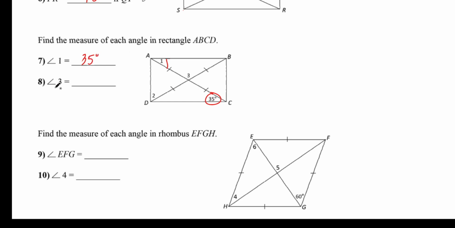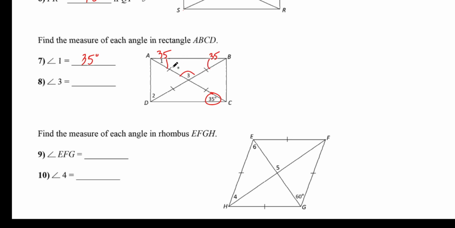Everybody good? What about angle 3? What about this one right here? So check this out. If angle 1 is 35 degrees, what's this angle right here going to be? 35, because if you look at this triangle, that's right. So if this is 35, and why is this 35? Because I got two equal sides, right?